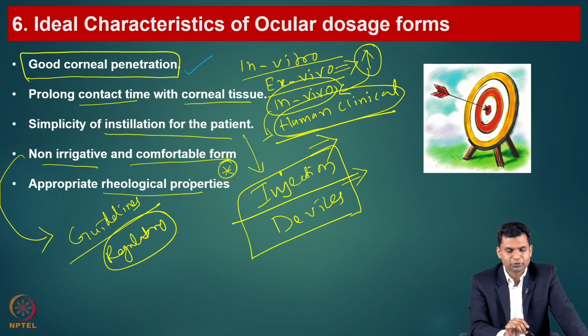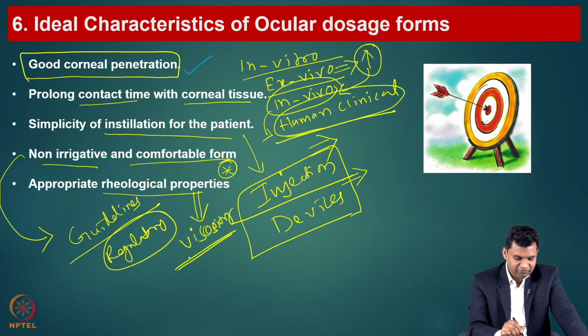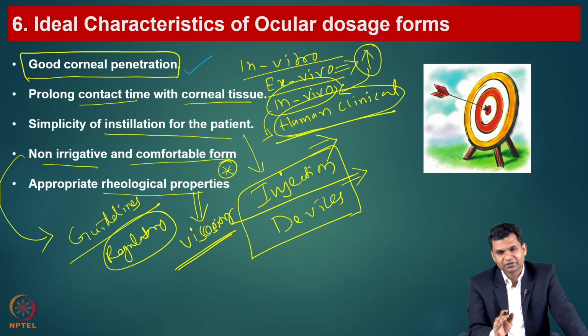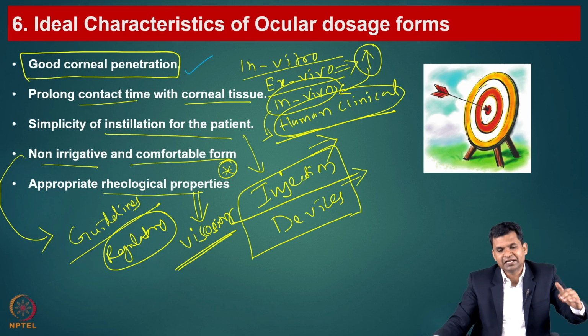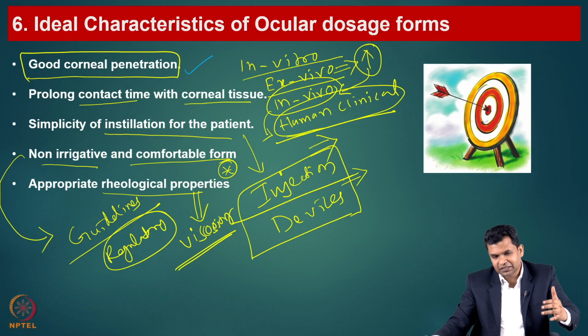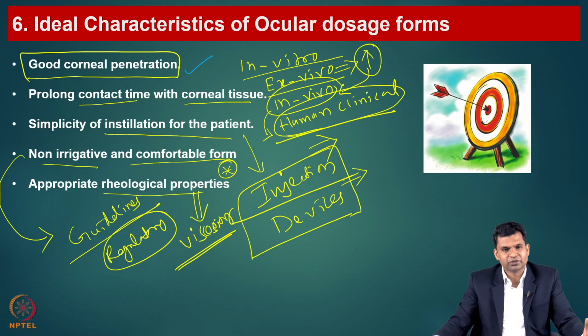Appropriate rheological properties. Already we have seen in the case of the nasopulmonary delivery system, the viscosity of your formulation is very important, that will help with the residence, and it will also help with the delivery of the molecule to the eye. So, this needs to be maintained by adding various types of ingredients into the formulation.